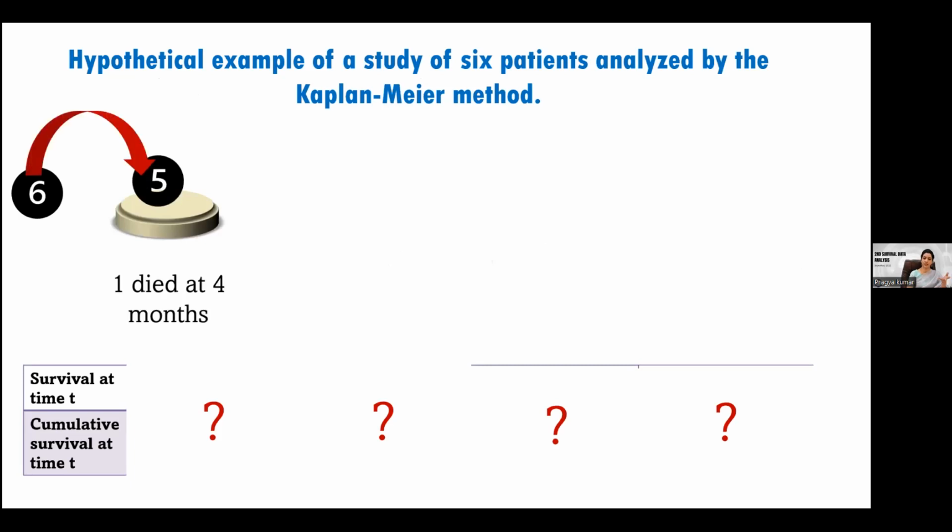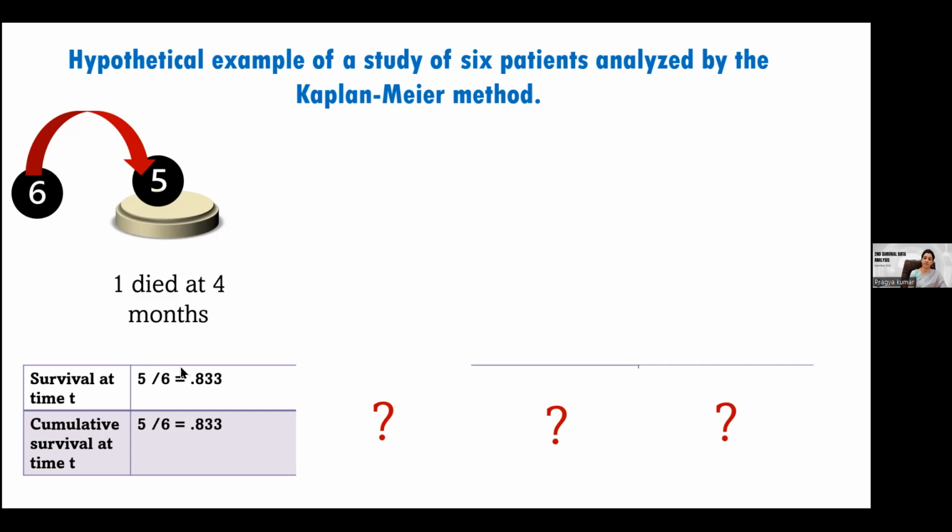In this case, you can see there is one individual who died at 4 months. So you will calculate the survival at 4 months. This is what we mean by the instantaneous calculation. You don't calculate it for a period, like in a life table, where you calculate depending on the period, like if it is 1, 3, 5 years, then you calculate 0 to 1 year, 3 to 5, and then 5 to 6.